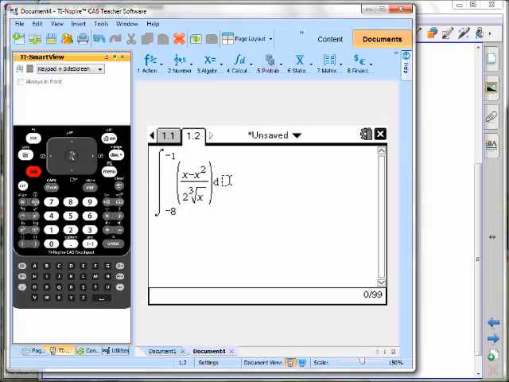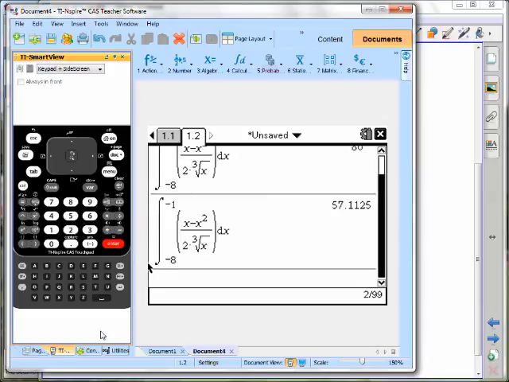What does it tell us? Yes, the input variable. I could put A's in here if I wanted to, but then this would have to be reflected by putting an A there. So let's put an x there, and press enter. There's our answer, and we can find an approximate, of course, 57.1125.